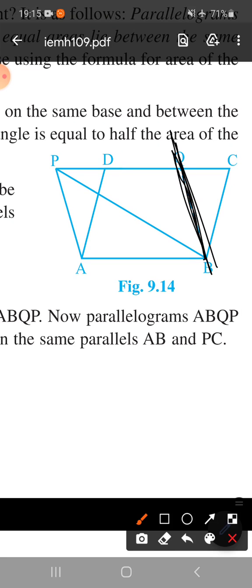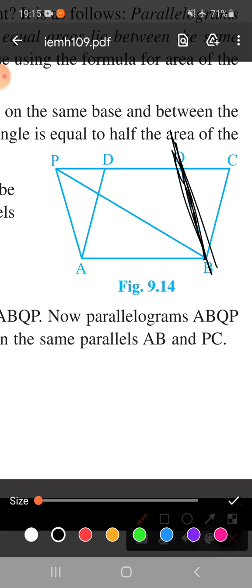Now we can see here we have two parallelograms, ABCD and ABQP. These two parallelograms will be equal in area, and also PB is the diagonal of parallelogram ABQP, which will divide this parallelogram into two congruent triangles of equal area.